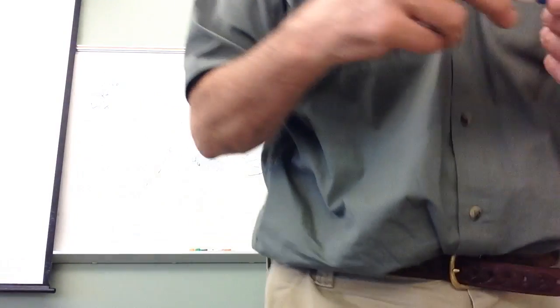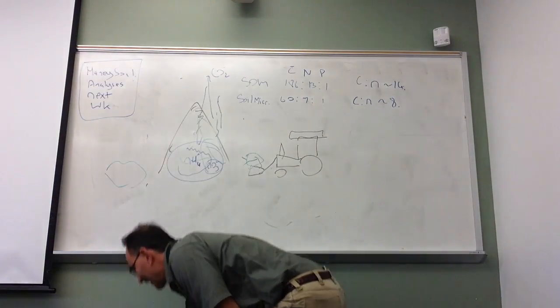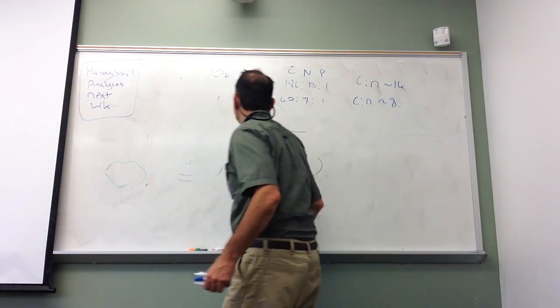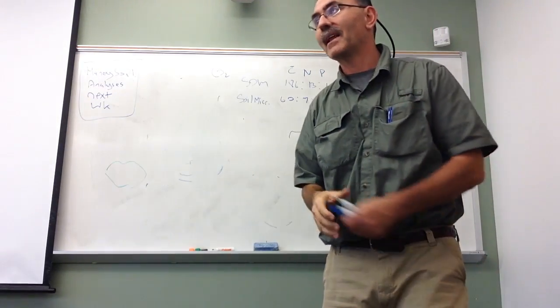So why am I telling you all this? Soil microbes have a C to N ratio of something like 8 to 1.